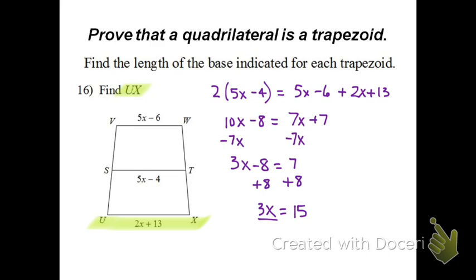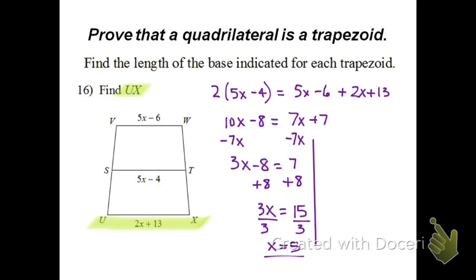Alright, almost there, at least for part 1. Divide by 3, we get x equals 5. Now again, I like using a highlighter. If you guys have them, it's great. But yeah, so we need to make sure we plug this in to find side UX. So we have 2x plus 13.